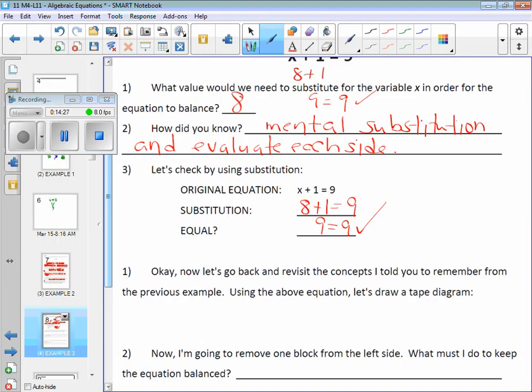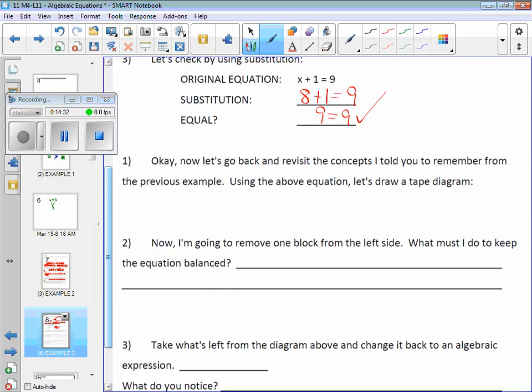All right, now we're going to go back and revisit how Jordan did it. Model it out with tiles. I want to get this done before the bell rings. You have an unknown quantity for this box, x, plus a quantity that we do know, which is 1.